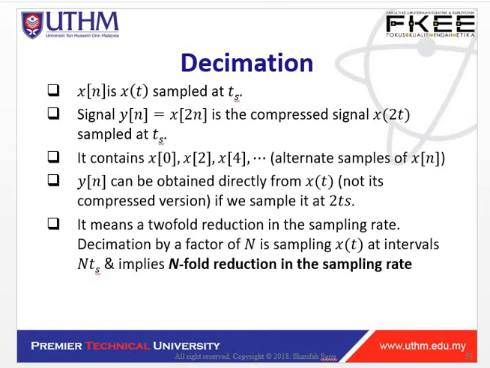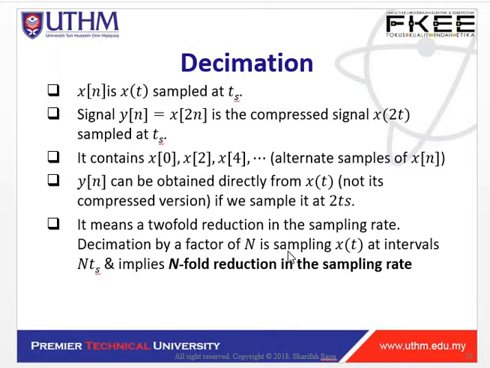This results in, when n equals 0, 2n gives you x[0]. When n equals 1, 2 times 1 gives you 2, so x[2]. When n equals 2, 2 times 2 gives you 4, so x[4]. So it is alternate samples of x[n]. This y[n] can be obtained directly from x(t) if we sample it at 2Ts, so this means a two-fold reduction in the sampling rate.